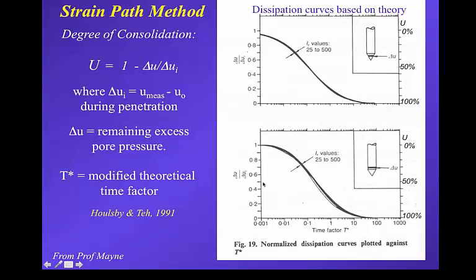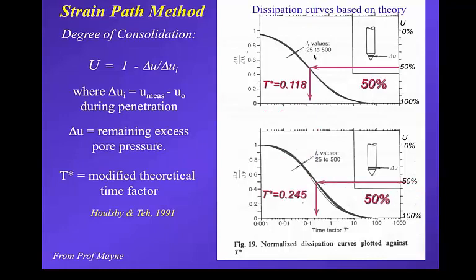And the original work showed that it was a T, and then Houlsby actually suggested a modified time factor that incorporated rigidity index. And when you use the modified time factor, instead of getting a family of curves, you got a single curve for a wide range of rigidity index. So he embedded the rigidity index into the theoretical time factor instead of having different curves.